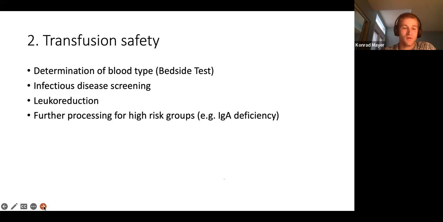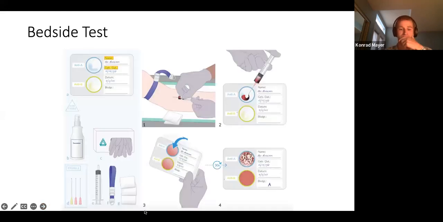So let me move on and show you this bedside test. The ABO system is specific to the red blood cells, basically a blood transplant.